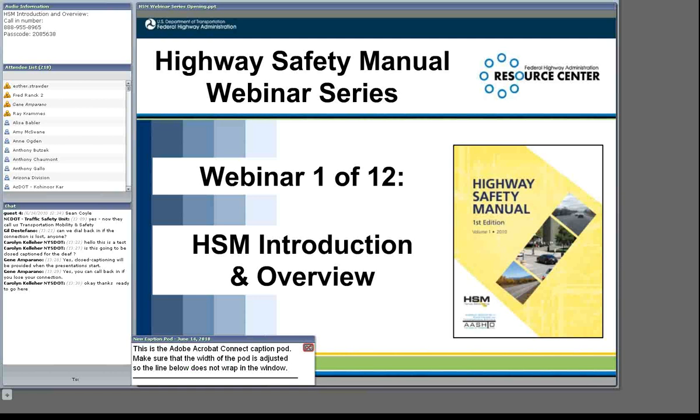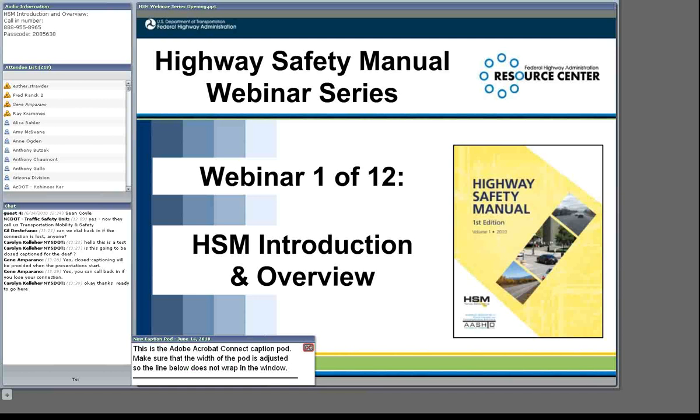That is, just as the Highway Capacity Manual is a compilation of information and analytical methods for estimating the capacity and operational performance of different highway facility types under specified roadway conditions and traffic volume levels, so too is the Highway Safety Manual for safety, with specified roadway characteristics and traffic volumes.